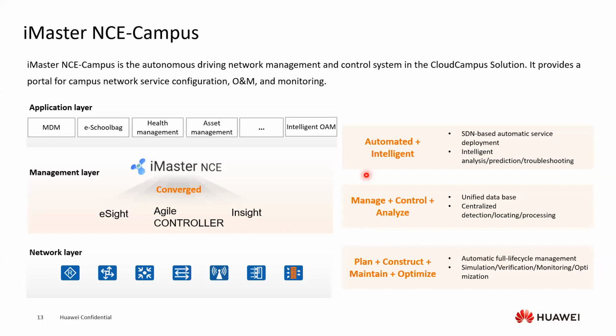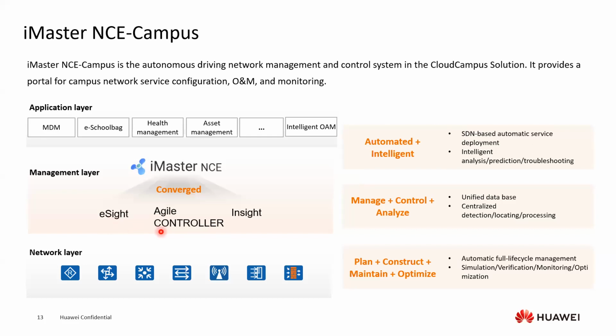On iMaster NCE-Campus, enterprises can perform service configuration and routine O&M, thereby centrally managing a large number of devices across multiple branches. If you're familiar with the Huawei network, we used to have a separate NMS called eSite.